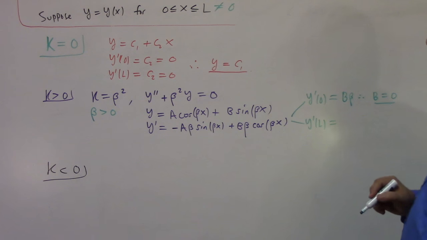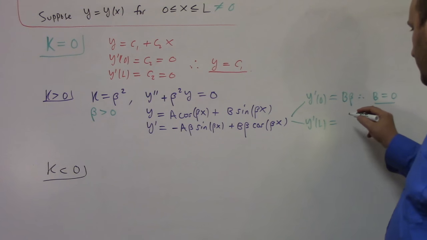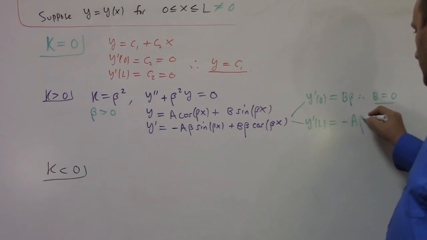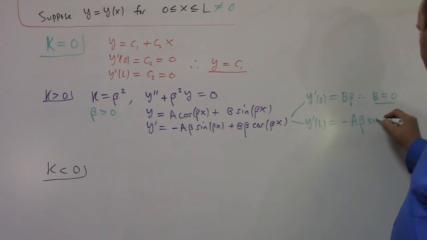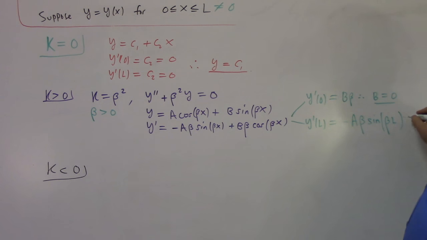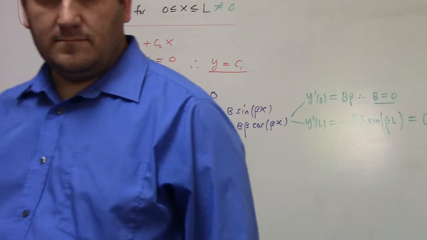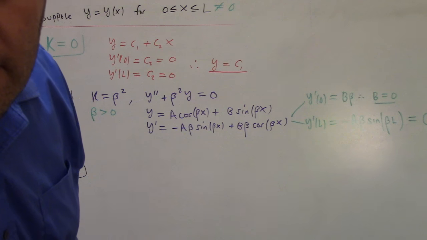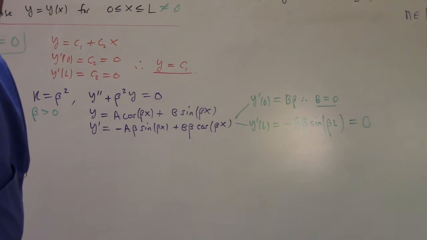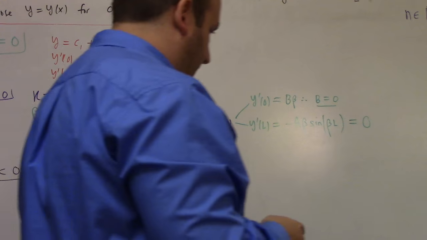All right. Y prime of L, well, that gives me minus a beta sine of beta L equal to 0. What does that mean?